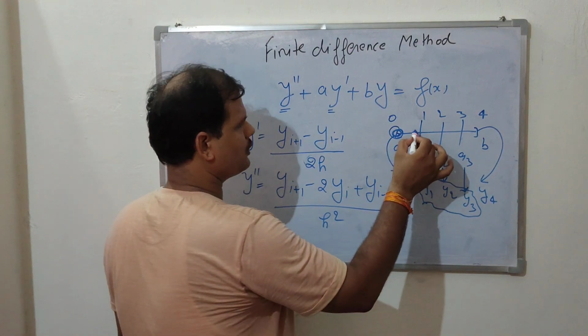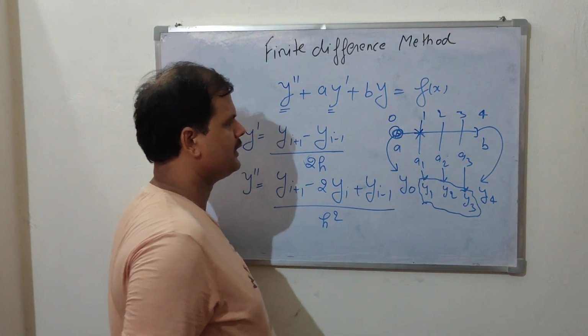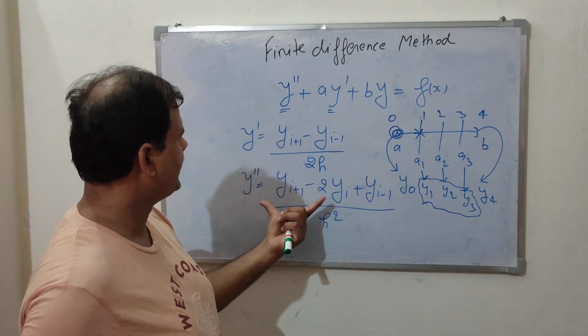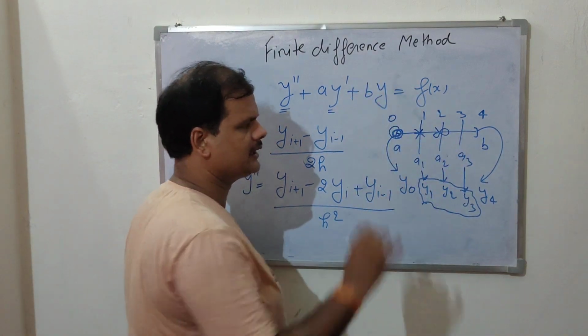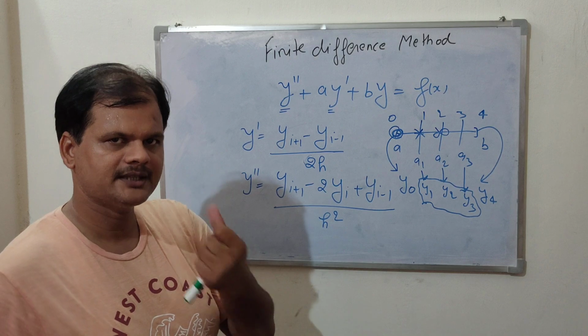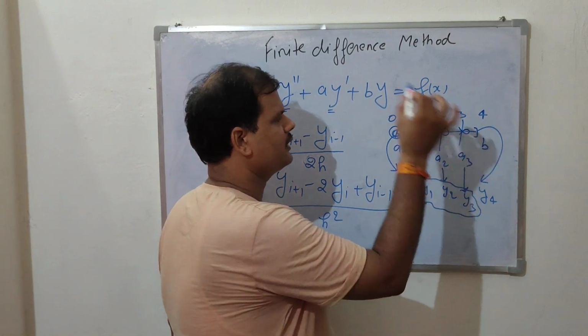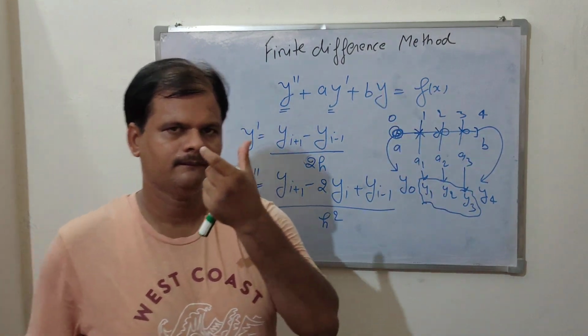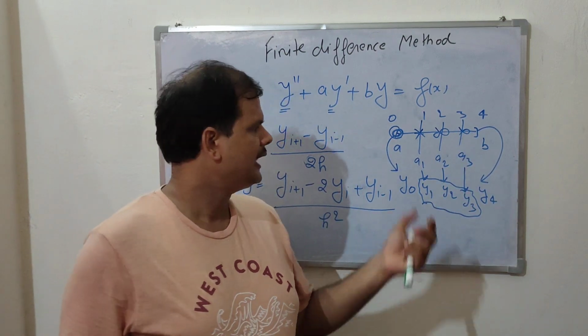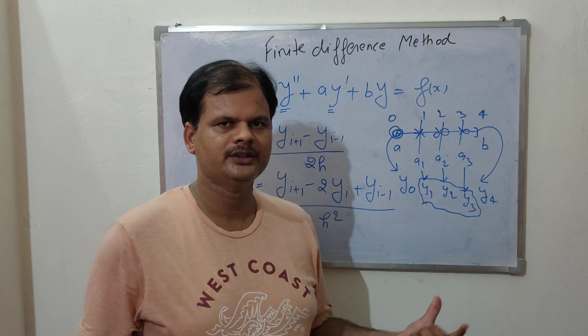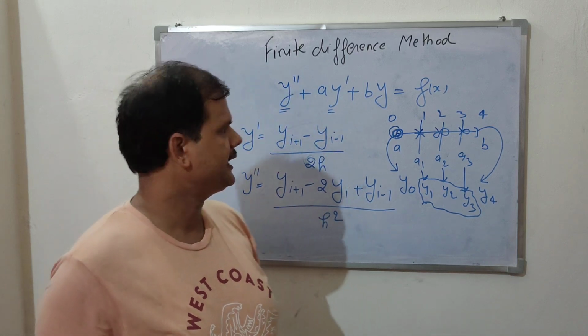At the first node, I equal to 1, we get one equation. For I equal to 2, we get the equation on the second node, and I equal to 3 gives the equation on the third node. So we get three equations and three unknowns, y1, y2, y3. We can simplify and get the answer.